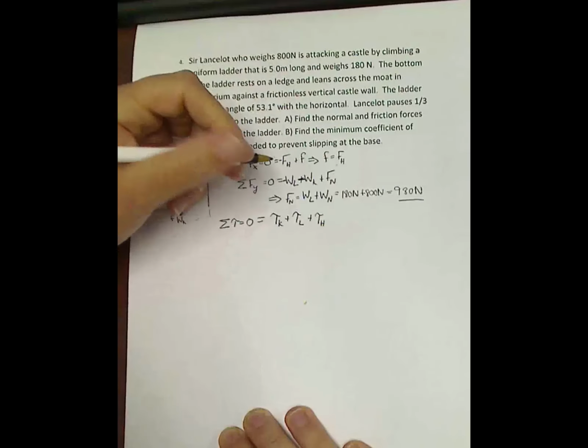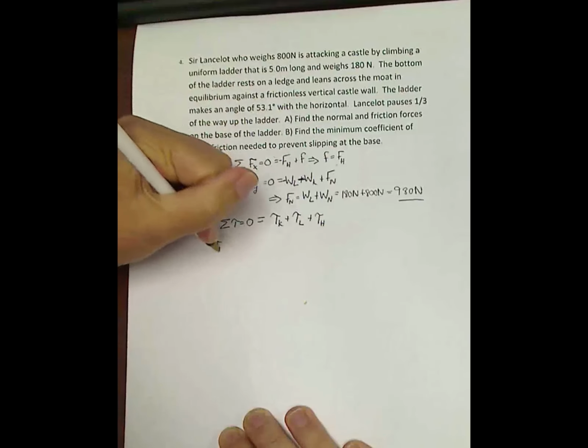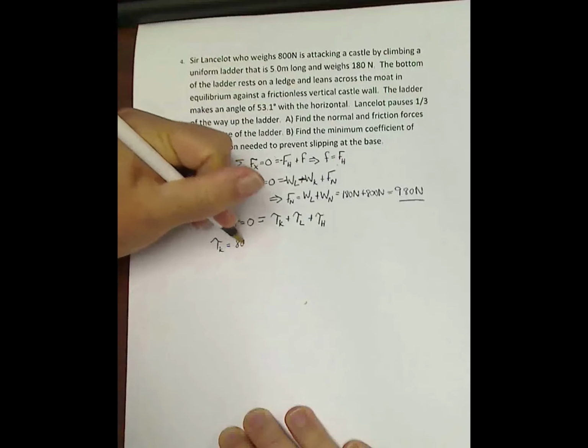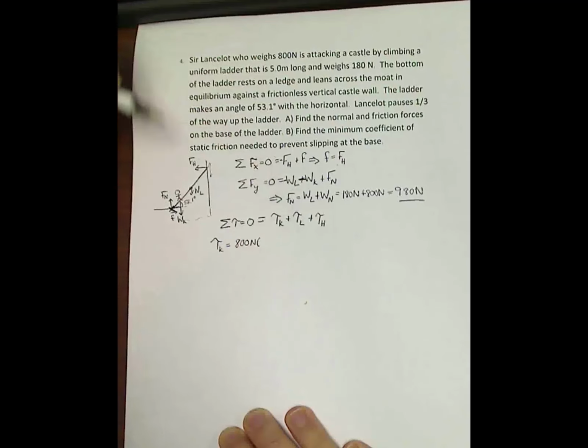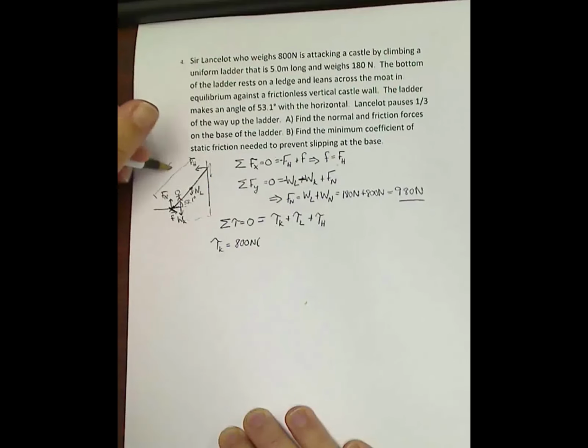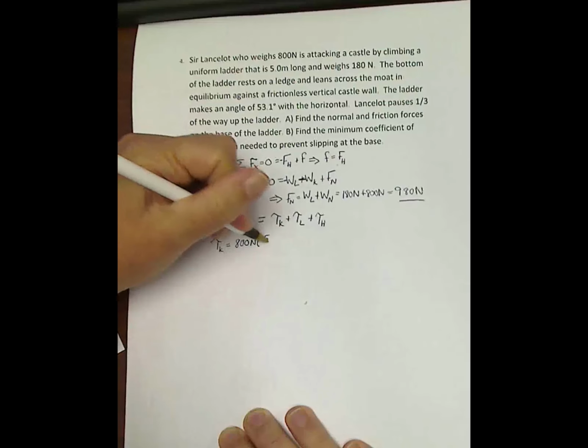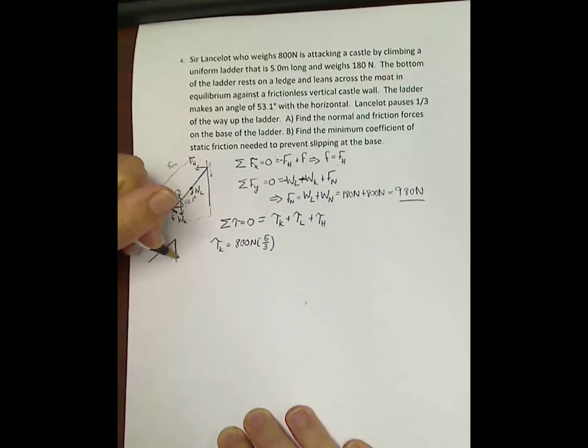All right, so the torque from the knight is equal to the force of the knight, which is 800 newtons, times the distance that he is from the axis. Now it says in the problem that he's 1/3 of the way up the ladder, and the ladder is 5 meters long. So he is at 5/3 meters, times the sine of the angle between the radius vector, which is this one, and the force. Okay, so I know that this angle in here is 53.1 degrees.